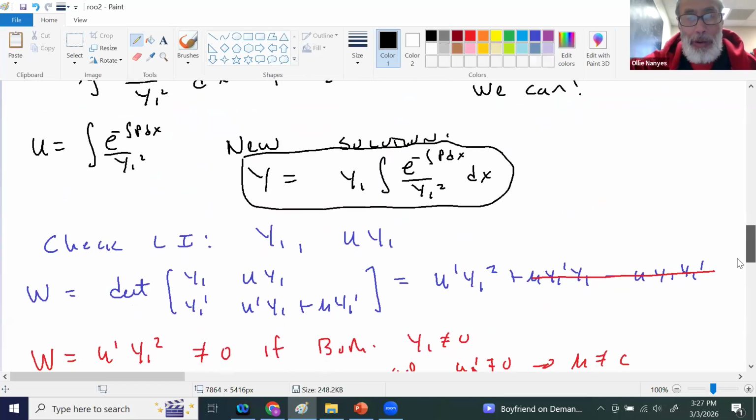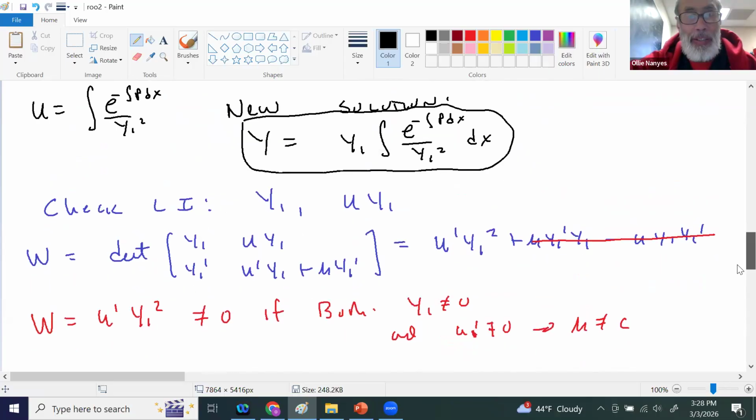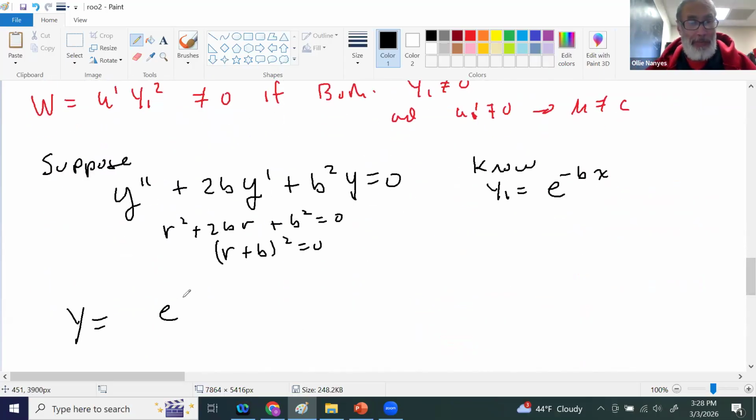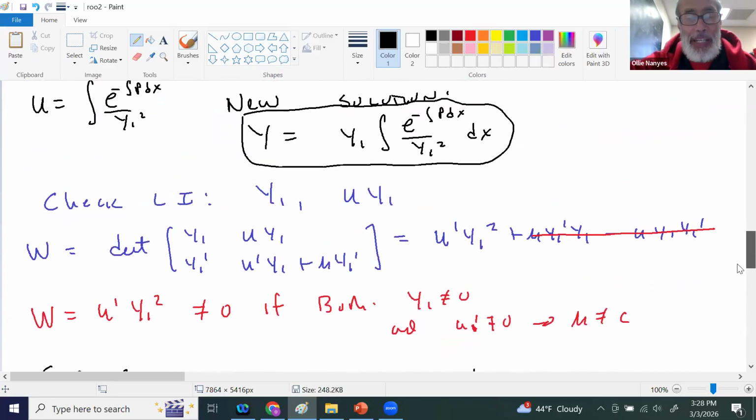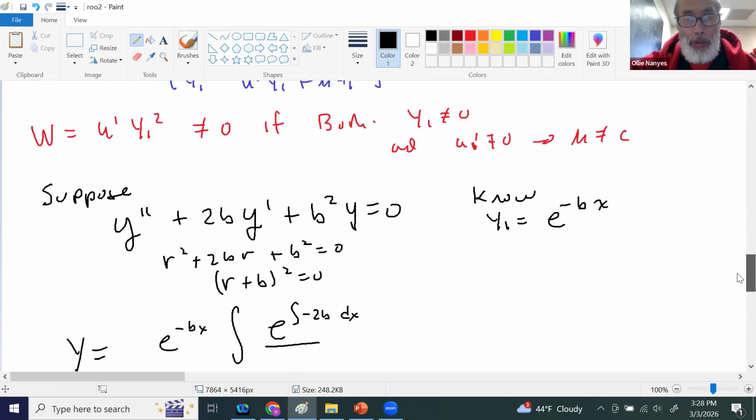By what we have, your y is going to be this integral. It's going to be e to the minus bx, and we're going to have the integral here. And the minus p, that's minus 2b, divided by y1 squared.